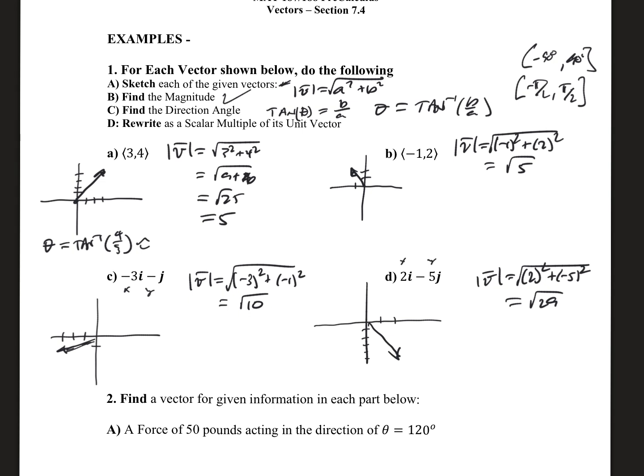And what I'm getting is 53, and we like 4 decimals, so 0.1301 degrees. So there would be my angle theta right there: 53.1301 degrees.